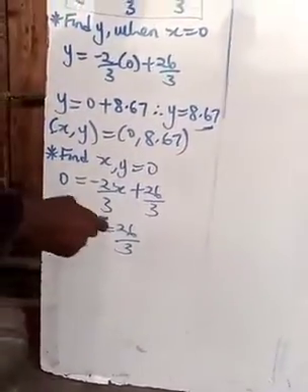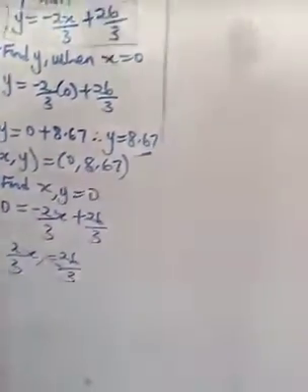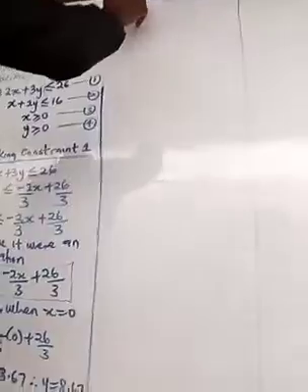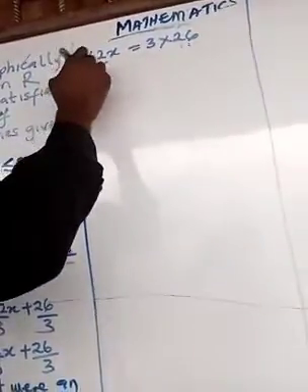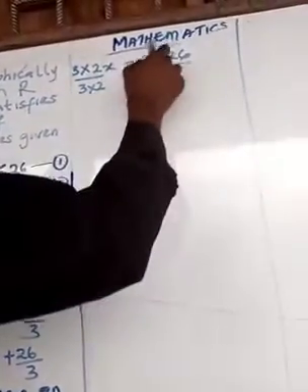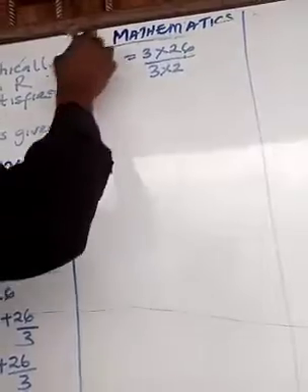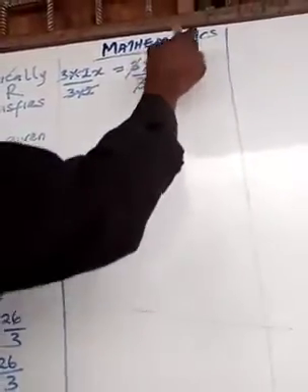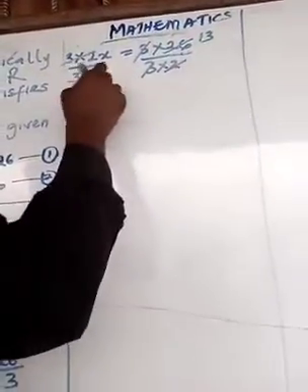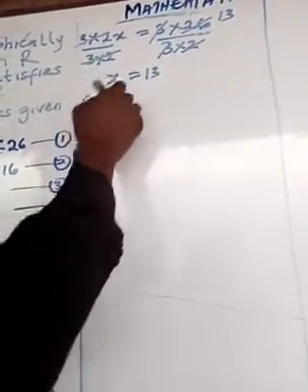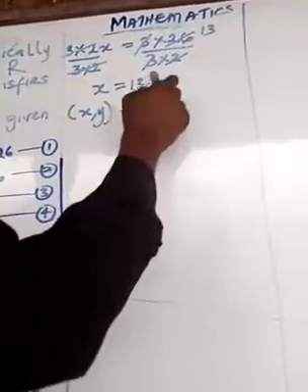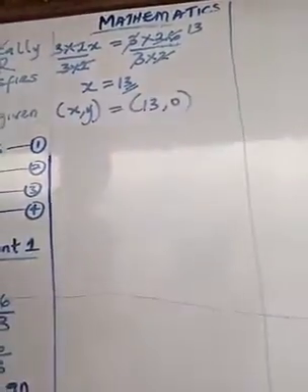Now if we cross multiply, we have 3 times 2x equals 3 times 26. Now we divide both sides by 3 times 2, which is 6. So 3 cancels 3, and 2 in 26 is 13. So x is 13. So when x is 13, y is 0.